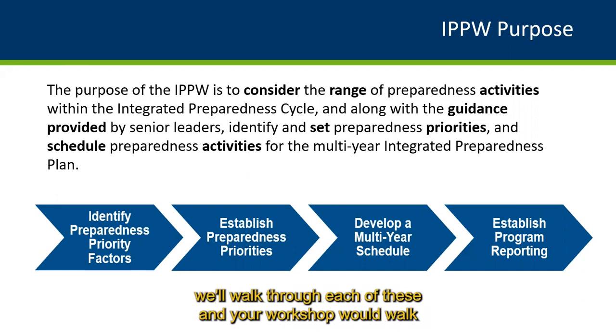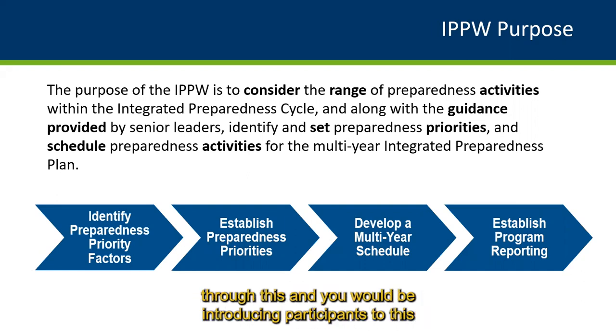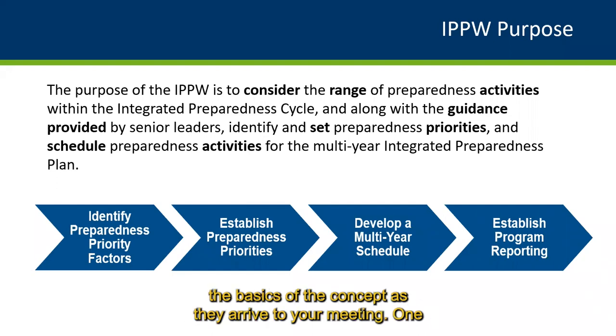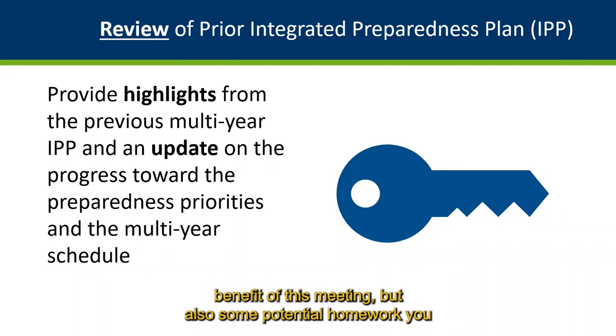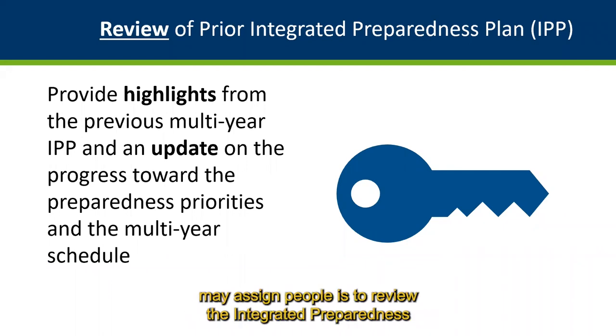So we'll walk through each of these, and your workshop would walk through this, and you would be introducing participants to this concept. Hopefully, they have looked ahead and they understand the basics of the concept as they arrive at your meeting. One benefit of this meeting, but also some potential homework you may assign people, is to review the Integrated Preparedness Plan.